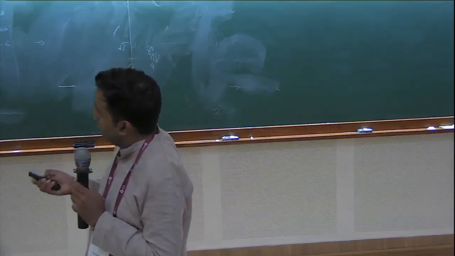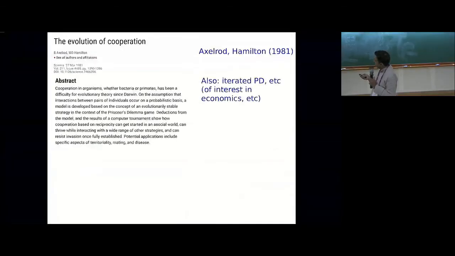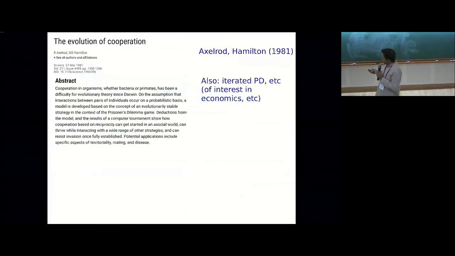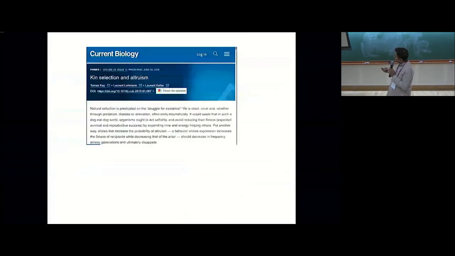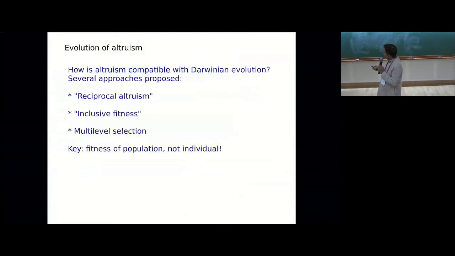Relating to this, I think I forgot to add a couple other references, but as I said, there are various mechanisms proposed for altruism, which is reciprocal altruism, which is more relevant to what I said about the prisoner's dilemma and so on.